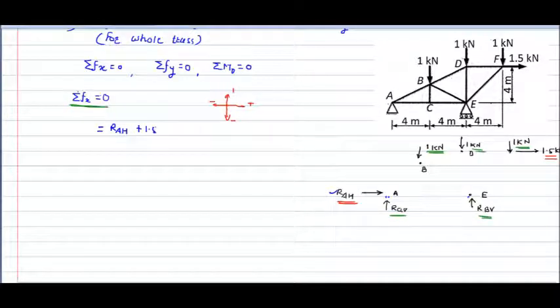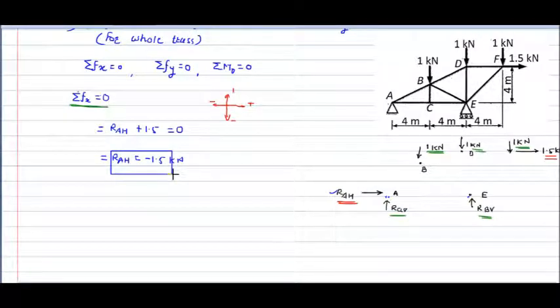There's no other force in x direction, so this is equal to 0 as per our condition of equilibrium. From this equation we get RAH equal to minus 1.5 kilonewton. So this is the first part that we got from the first equation.